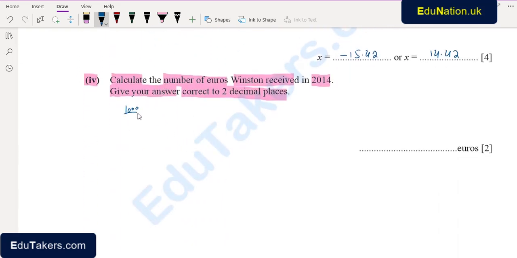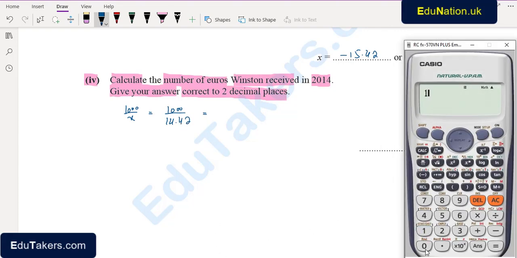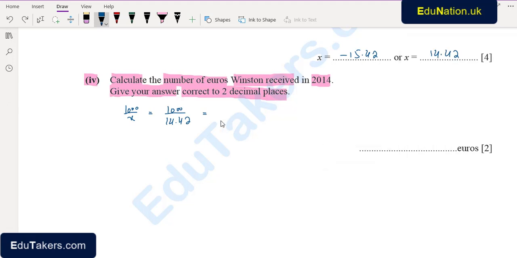So 1000 over x will be equal to, using the positive root, 1000 over 14.42, which is 69.35, correct to 2 decimal places.